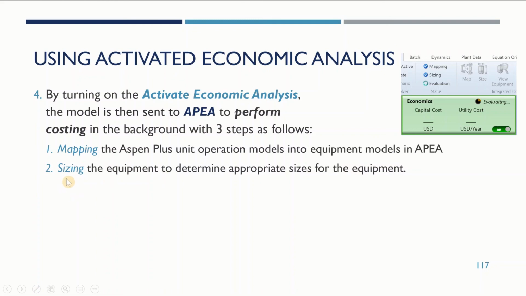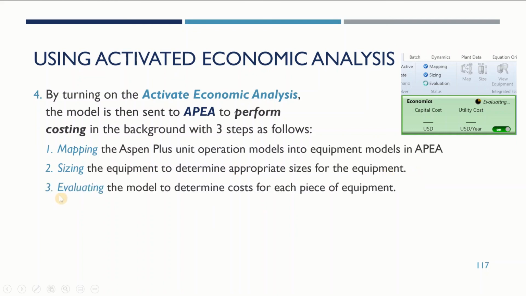The second step is to size the equipment to determine the appropriate sizes of the equipment based on data from the unit operation models and streams in ASPEN Plus. The third step is to evaluate the model to determine costs for each piece of equipment.